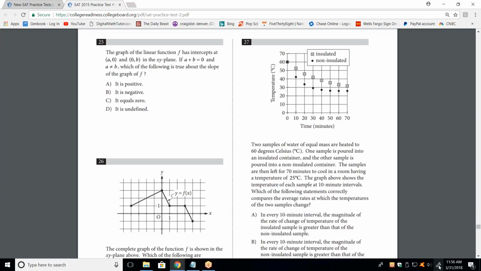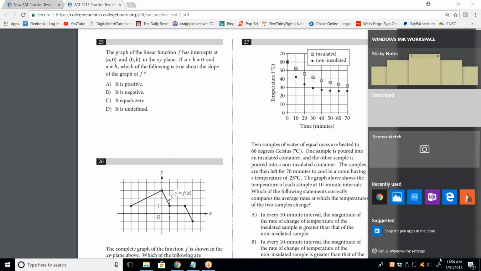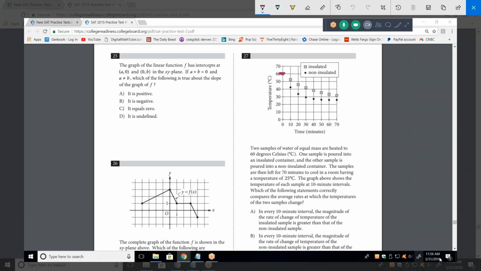Well, what's the magnitude of the rate of change? It's the difference between that level and that level. That is a bigger number than the difference between that level and that level. Right. And that's the magnitude of the rate of change. So I'm done with the problem after B.